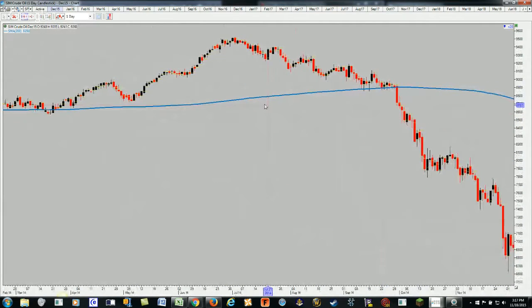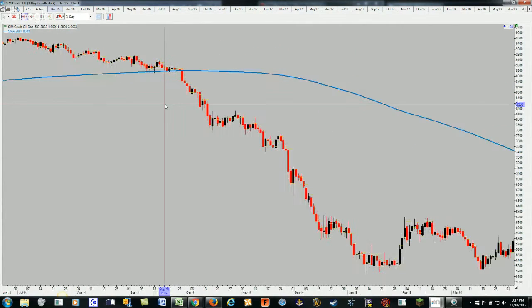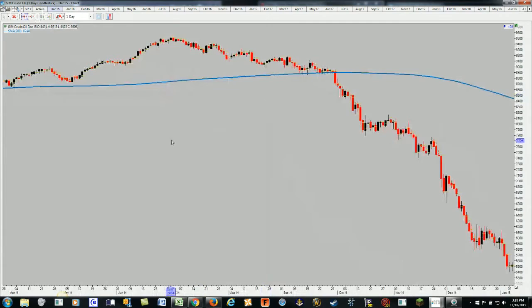So if we look, the 200 bar moving average right at this point, September 30th, is where we see the first time that it crosses under.